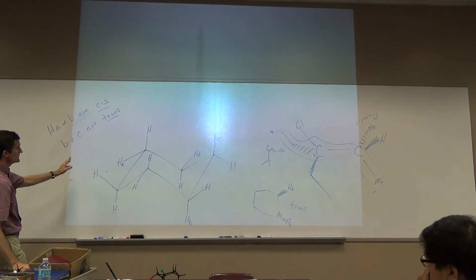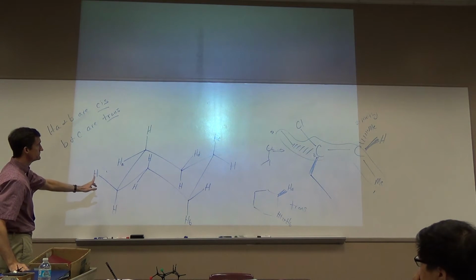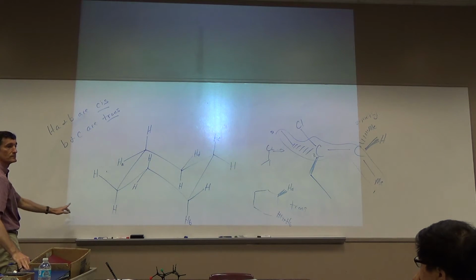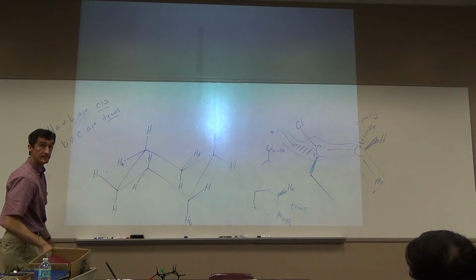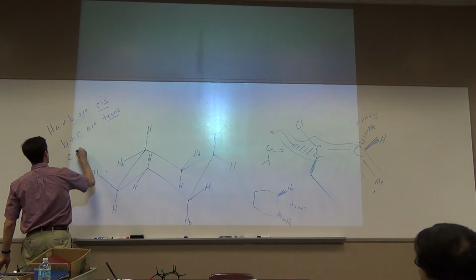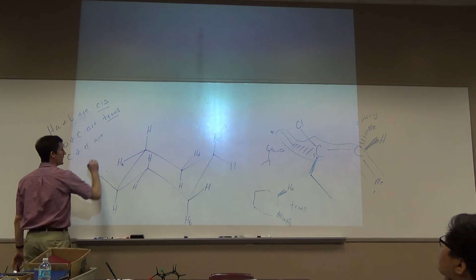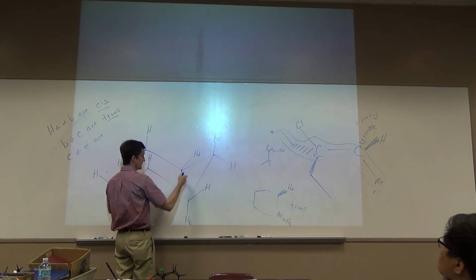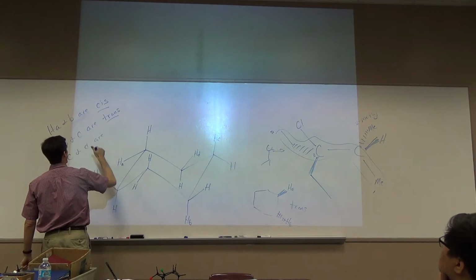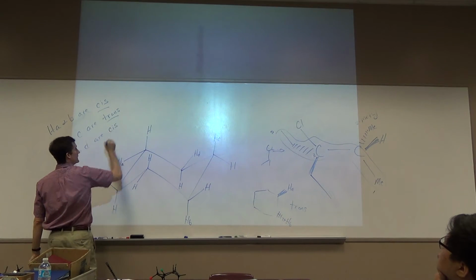Okay, what next do you want to do? C and D? C and D are what? Cis. That's up compared to the H. That's up compared to the H. C and D are cis.